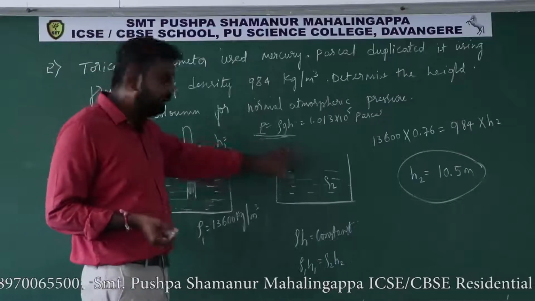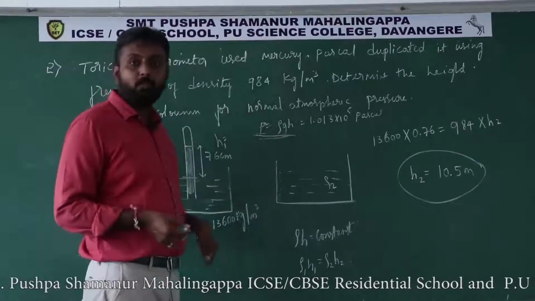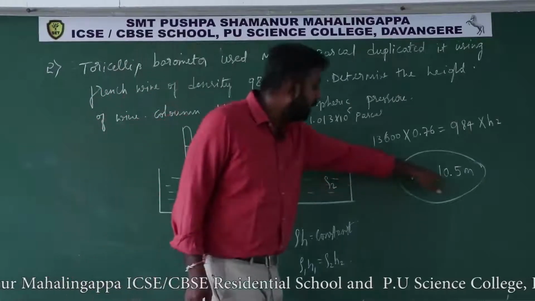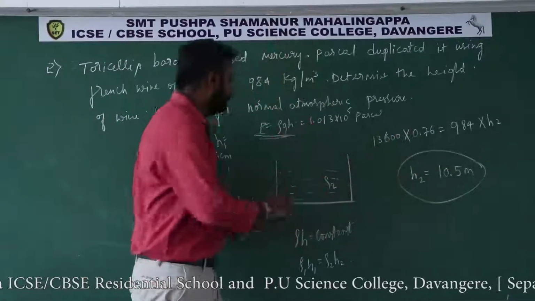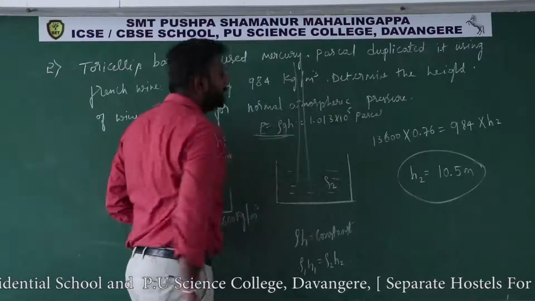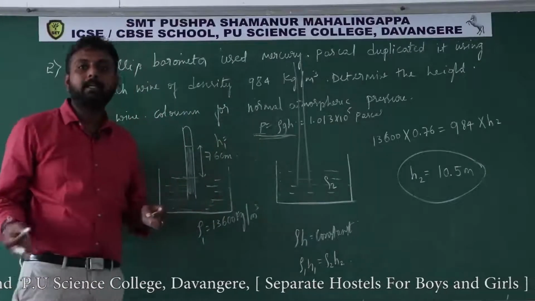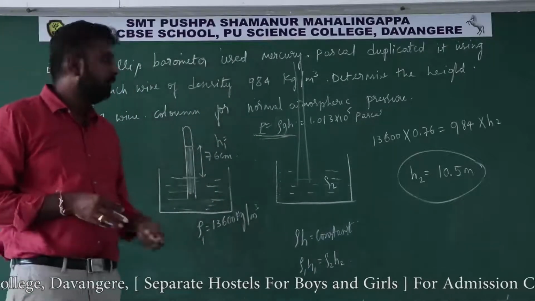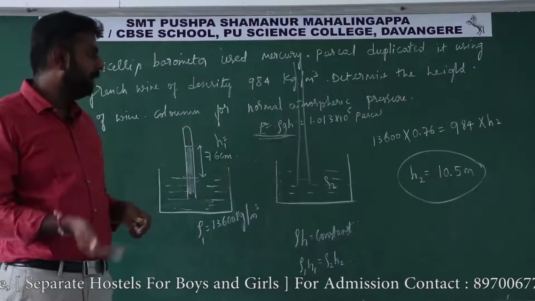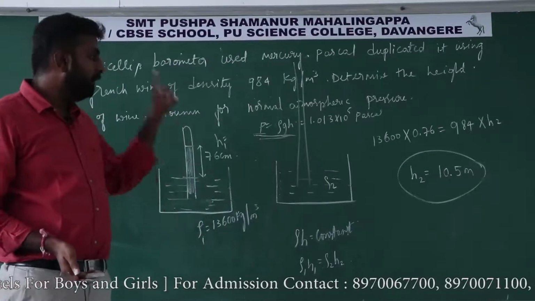If we use wine, what height of glass tube is needed? We need a 10.5 meter height glass tube. So practically it is very difficult. So from this formula we are able to find the height of the glass tube.